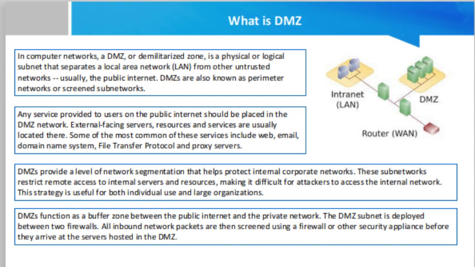A DMZ network provides access control to services outside an organization's network perimeter that are accessed from the internet. It simultaneously introduces a level of network segmentation that increases the number of obstacles a user must bypass before gaining access to an organization's private network.